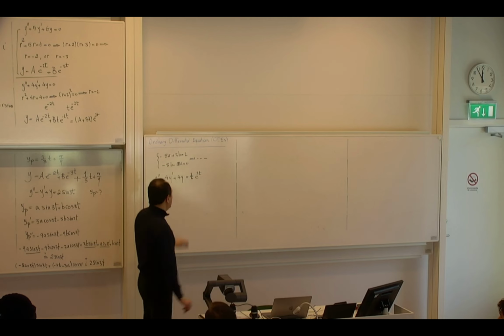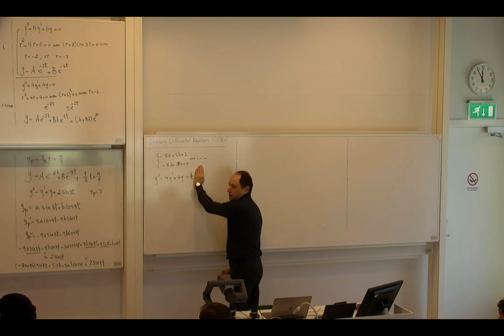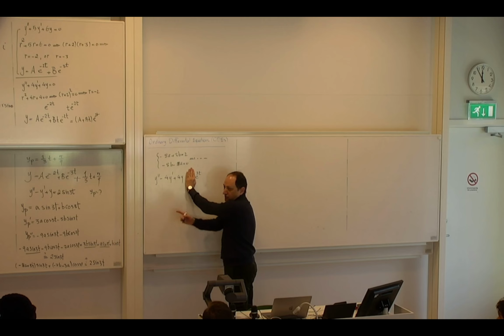Okay? So if I have only this t, what is your educated guess according to what we learned? Polynomial of which degree? 1. If you have e to power 2t alone, we didn't solve any example of that type, but it is not hard to guess. What will be your educated guess? Exponential to power 2t.